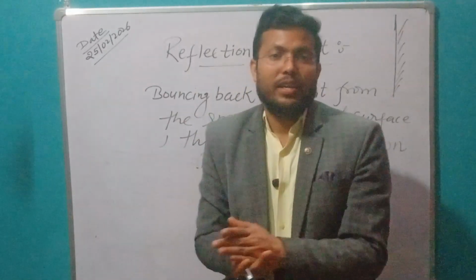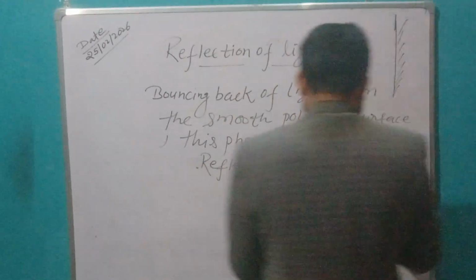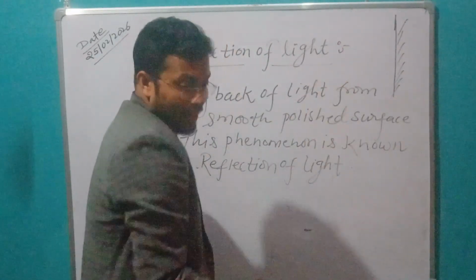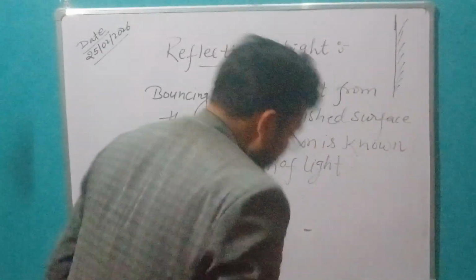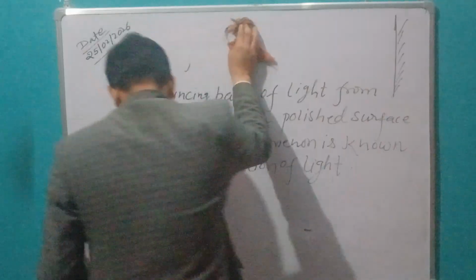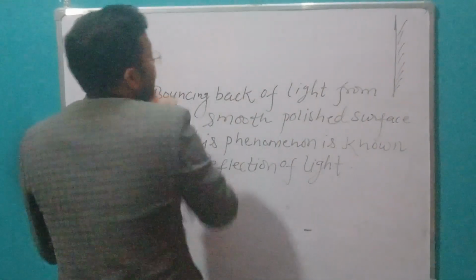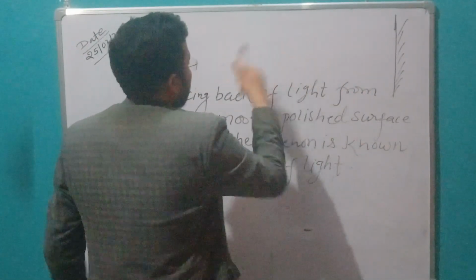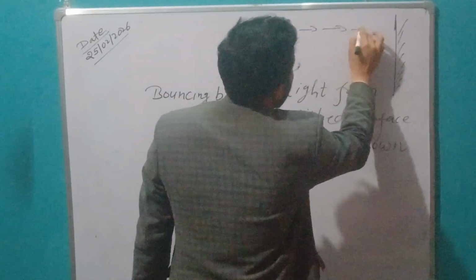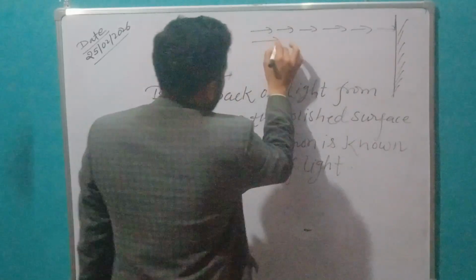They reflect the light. You see here the light comes from any source. The light moves in a straight line and falls on this surface.